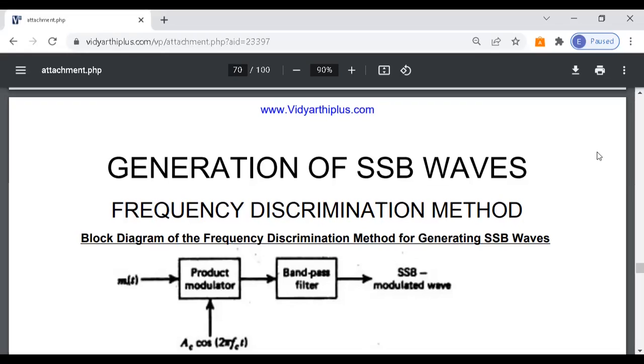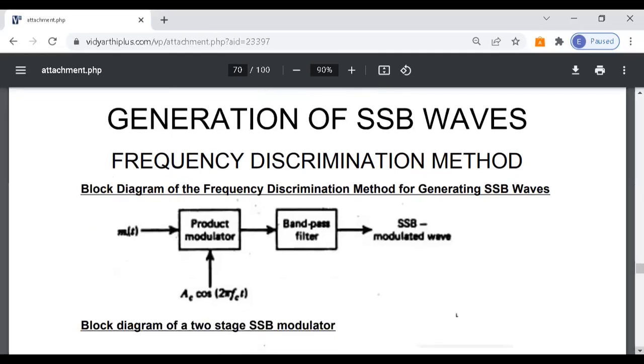Of course, there are different techniques. We are going to look at one of the techniques called the frequency discrimination method. So let's look at this cartoon.